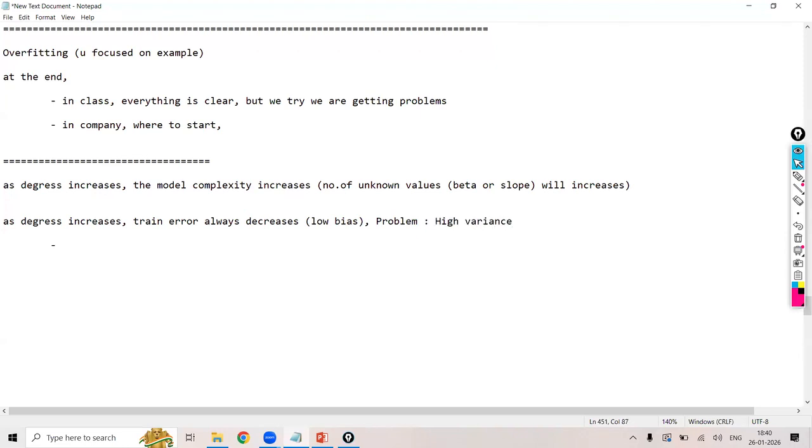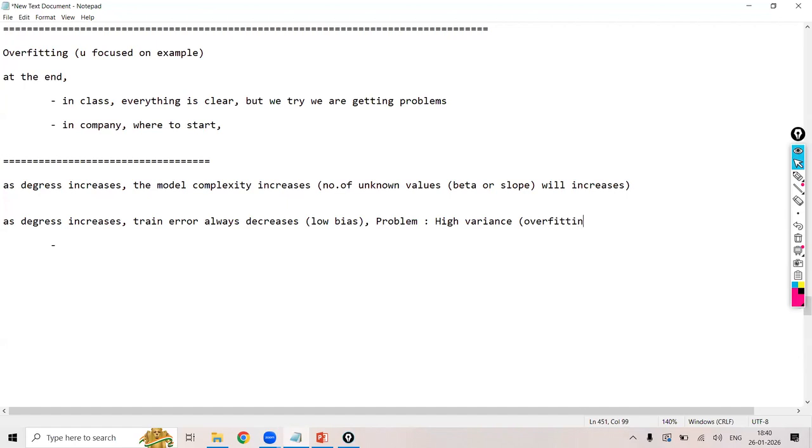Bias you have decreased, but you are not focusing on the output, on the test error. You are completely focusing on the train error. Now the problem is high variance. Is that clear, guys? High variance is called overfitting.